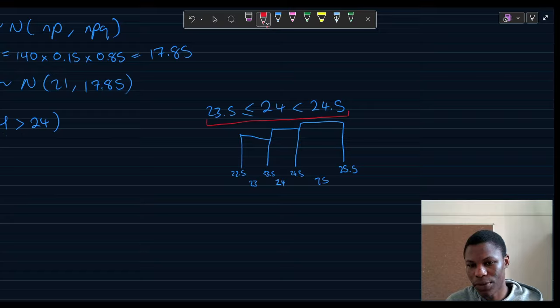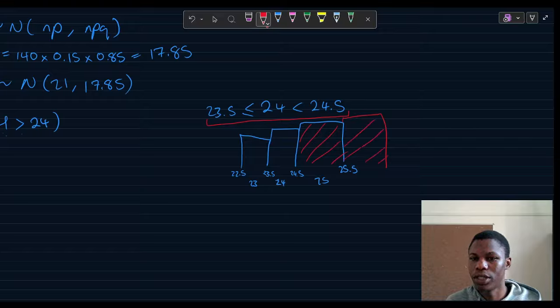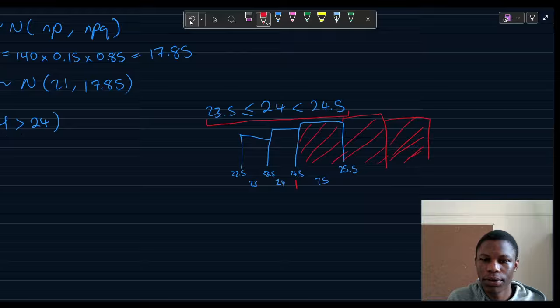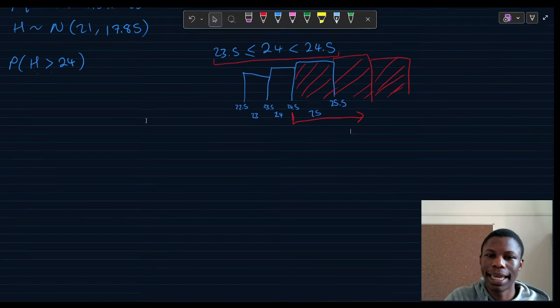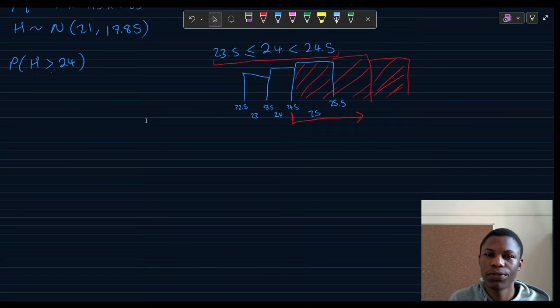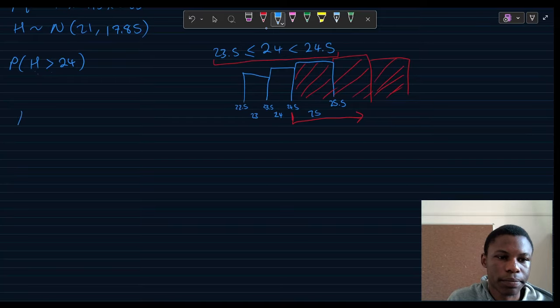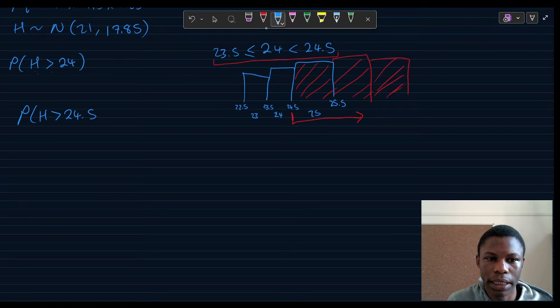So I'd start shading here and continue to the right, because these are the values that are greater than 24. It means I start from 24.5 and go to the right. That's now our boundary. So H has to be greater than 24.5. That's applying continuity correction.